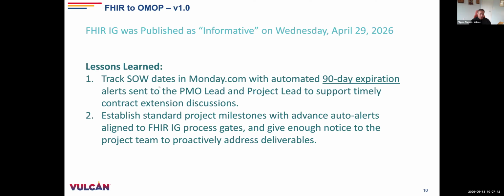Similarly to number one, we ended up adding more reminders on Monday.com for milestones. Not only do we now list the milestone, but we list the notification for the milestones, so we can proactively look at what's coming and make sure we have our approvals and pre-meetings, and everybody is on the same page. That way we don't have these surprises where we think we're going to ballot and no, sorry, you're missing the approval.